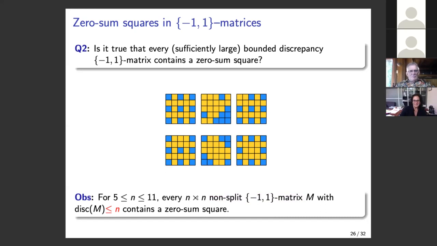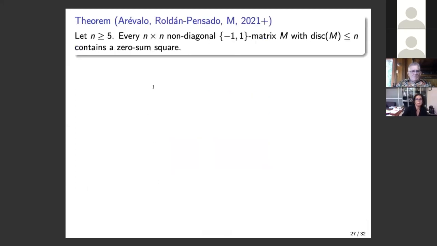So the conjecture was actually: every binary matrix which is not split or triangular, with small discrepancy, small meaning this, will necessarily contain a zero-sum square. That was an observation, a natural conjecture, and we were able to prove it using the interpolation techniques. The main idea is very simple.